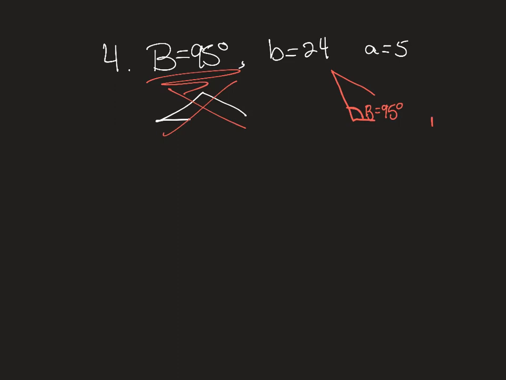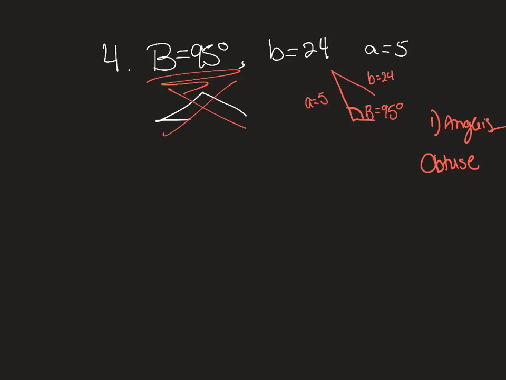And so the first question this time is, the angle is blank. It's obtuse, which means we're looking at case 5 or case 6, but not 1 through 4. If this is angle B, then this is side B over here, 24. That means this over here is A, which is 5.